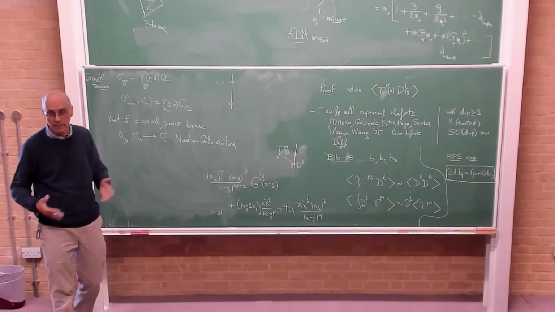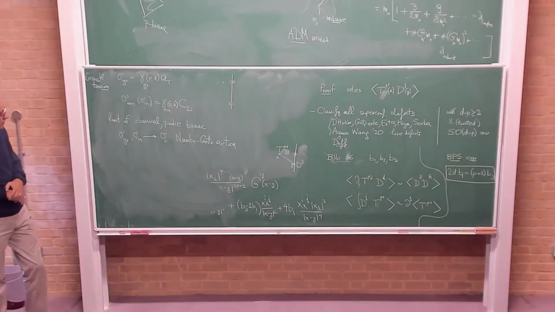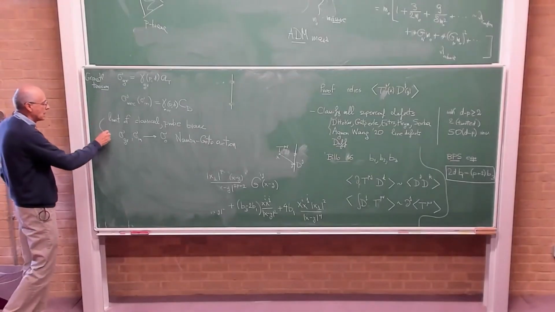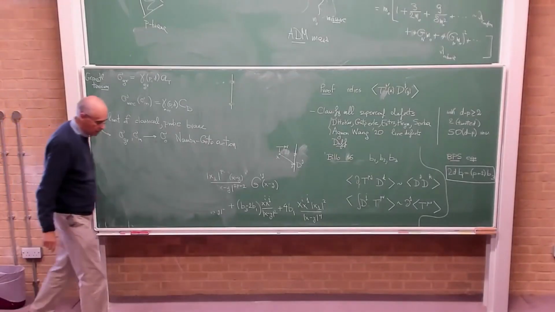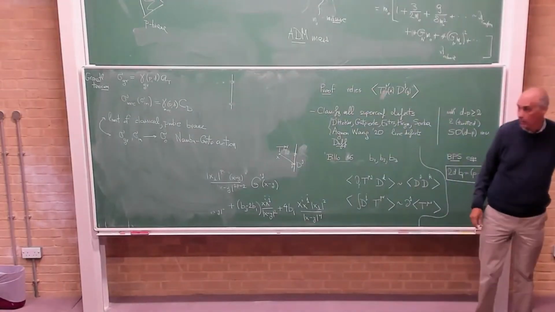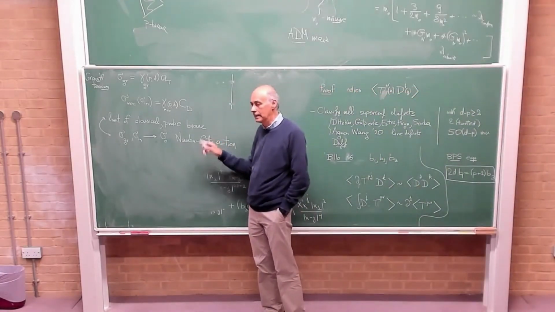For instance, line defects don't have that kind of conformal anomalies, and yet you can do this. Now, again, I'm going to skip the formulae because it cannot be done on a blackboard. Sounds simple, but actually it's really a headache.